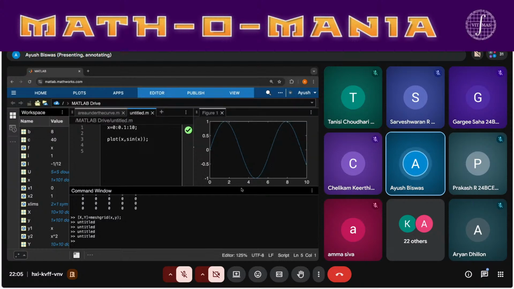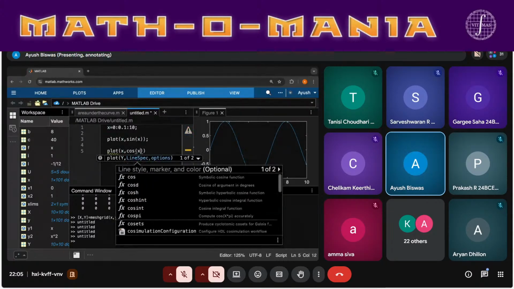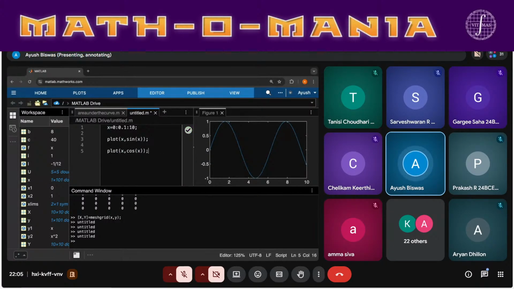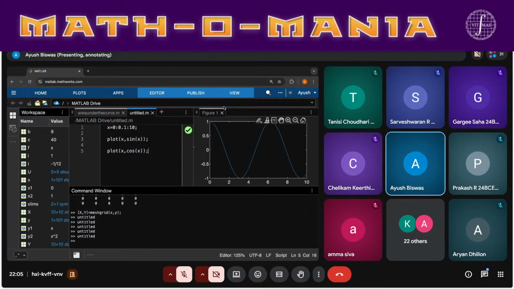We have sine of x again. Let's say we also want to plot cosine of x. So plot. Now the thing that will happen is, after sine of x is plotted, cosine of x will also be plotted. But the thing is, the cosine of x basically rewrites our graph, and it is replaced by that.